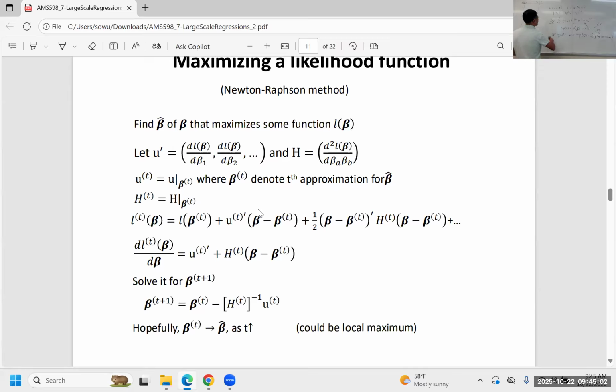So now the goal, just in general: Newton-Raphson is not a method only for maximizing the log likelihood, it is a general method.